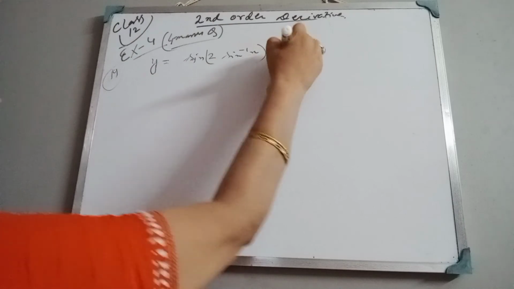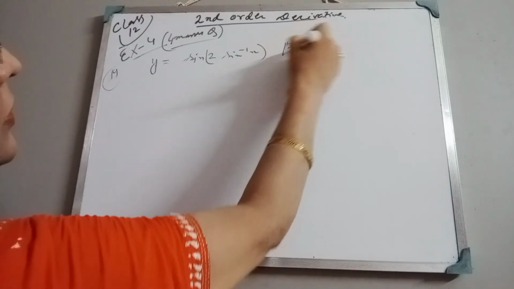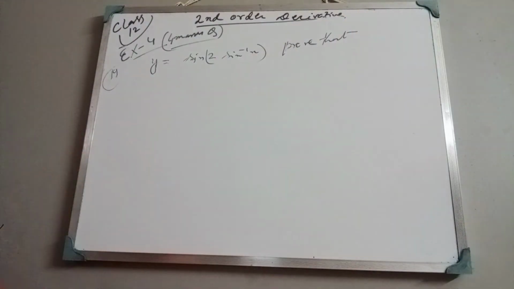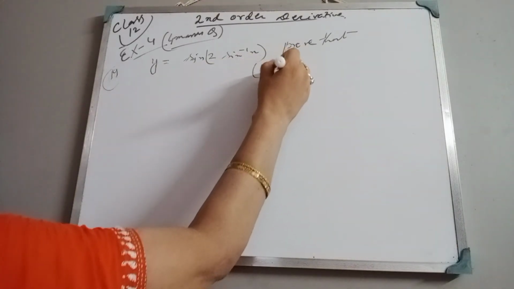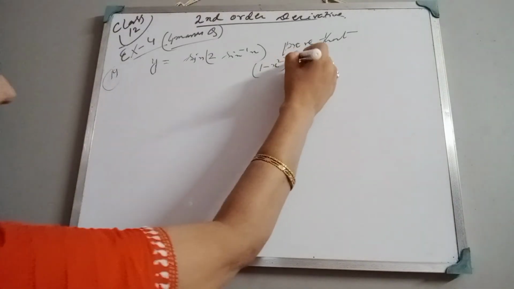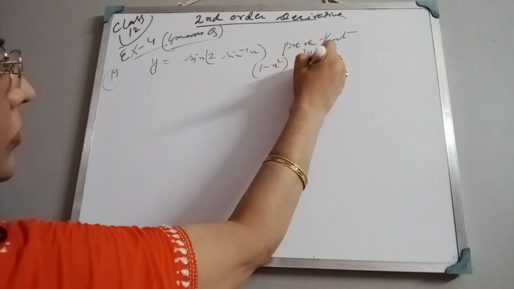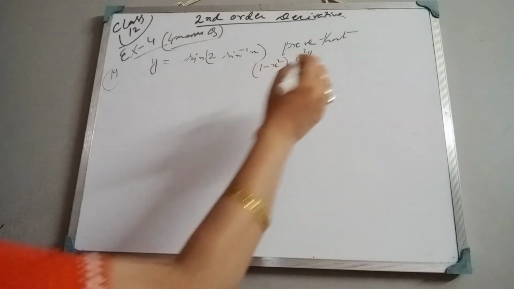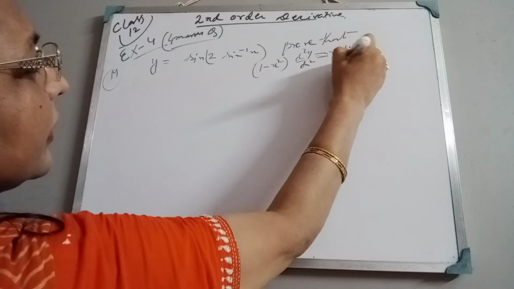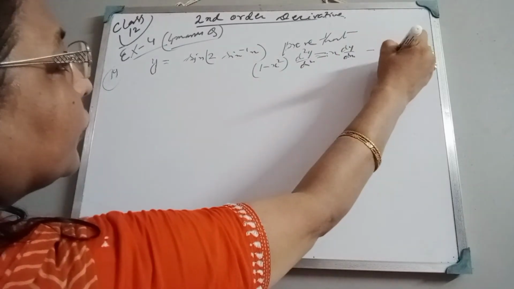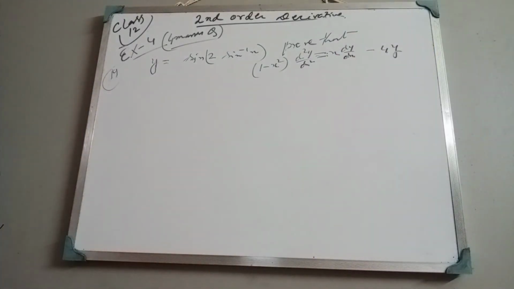Then prove that 1 minus x square d2y/dx2 is equal to x dy/dx minus 4y.